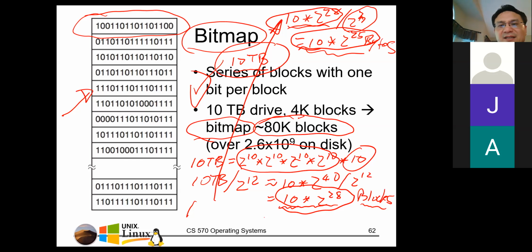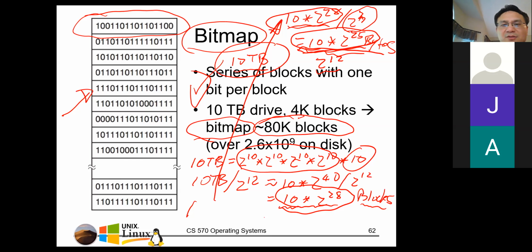And if you need this many bytes for the total bitmap, you need to save this bitmap to the disk. Then for these many bytes, how many disk blocks do you need? You would use this total number of bytes divided by 2 to the 12th, because this is 4K bytes.